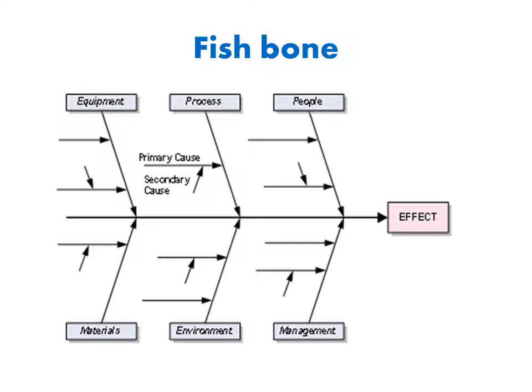So here, what are the causes for the people? Maybe untrained. If, for example, this is increasing the infection rate, what is the reason? Here you have to ask why, till the end. Maybe the people increase the infection rate because they are untrained.